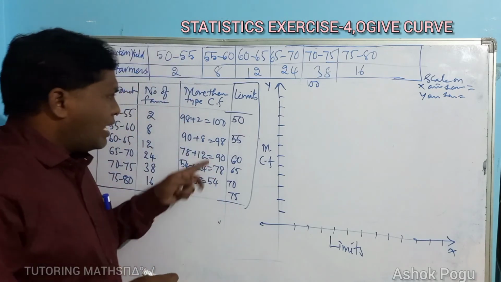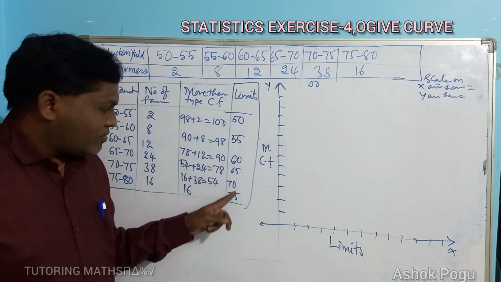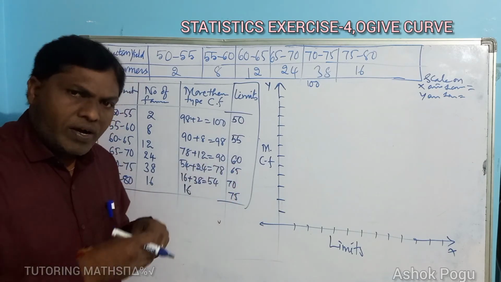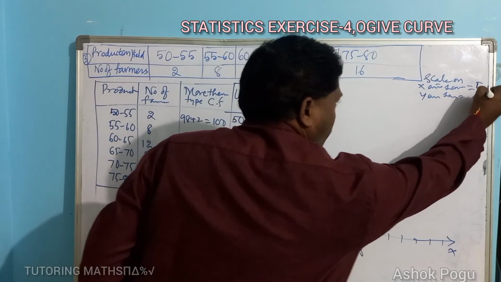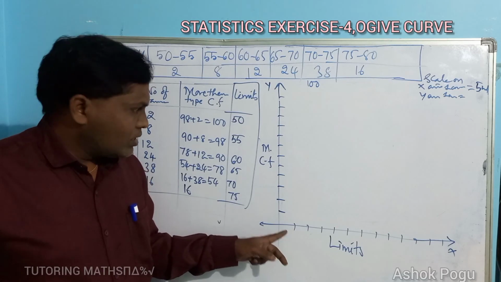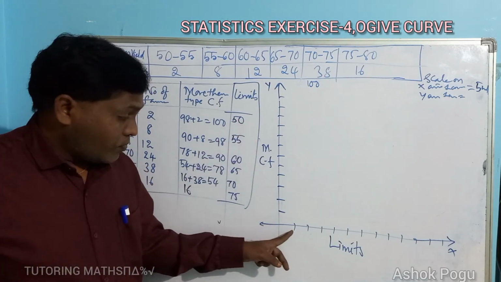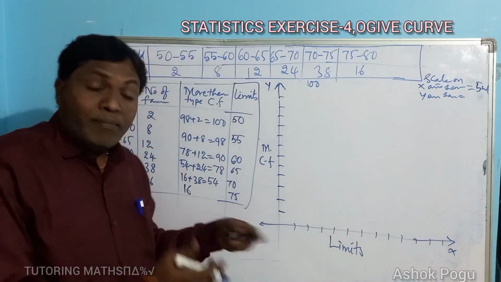First of all, let us verify the limits value first. 50, 55, 60, 65, 70, 75. The difference is 5. So better to take on x axis 1 centimeter is equal to 5 units. But don't start with 5, because then we need more lines.